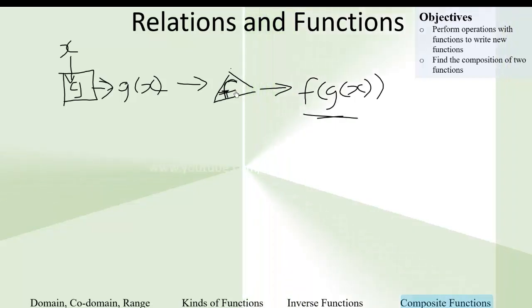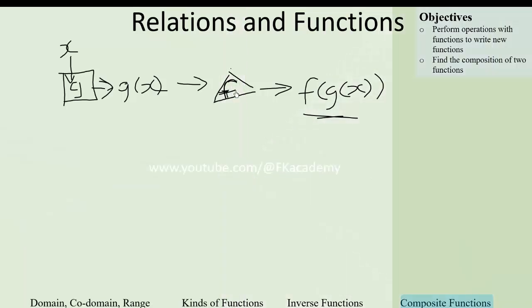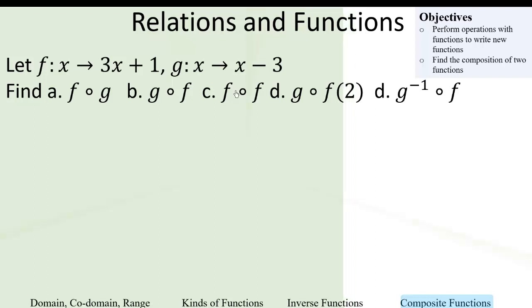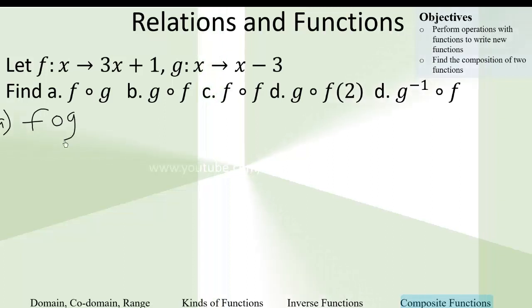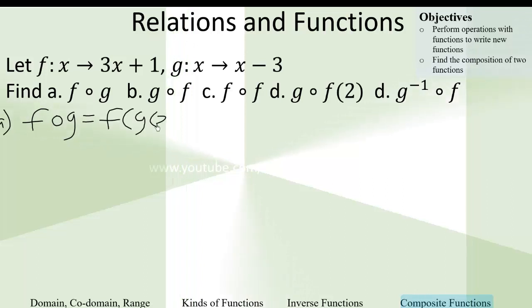Now let's take an example and see how it works. We have f being such that x maps onto 3x plus 1, and g is such that x maps onto x minus 3. Find f circle g. So f circle g, the a part, f circle g is equal to f of g of x.